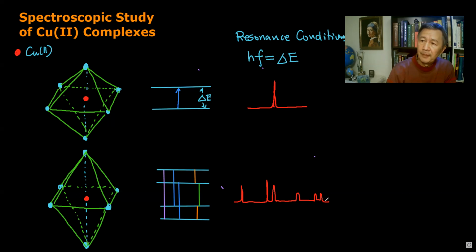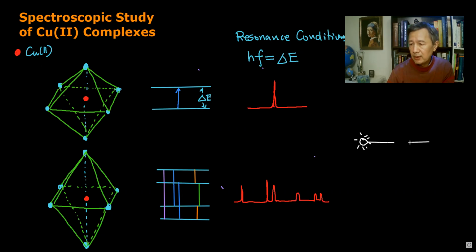Before I go, let's draw the experimental setup for this optical spectroscopy experiment. I put the source here, a source of light in the visible and UV region, and that is the incoming ray.